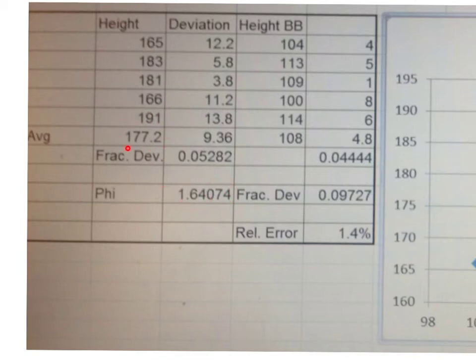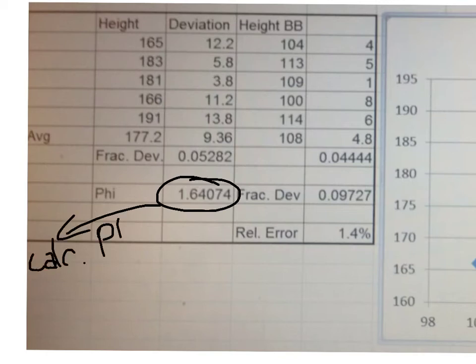So that's the average height divided by the average belly button height, and that's going to give us this number right here, which is what I'm going to call your calculated phi. And I'm going to rename that though.